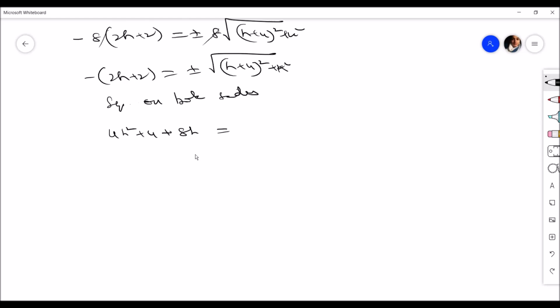It just doesn't matter whether you have a plus or minus here or not. So it's simply (h plus 4) whole square plus k square. When I expand it, it's 4h square plus 4 plus 8h is equal to h square plus 8h plus 16 plus k square. So 8h again gets cancelled. Any doubts still here, anyone?